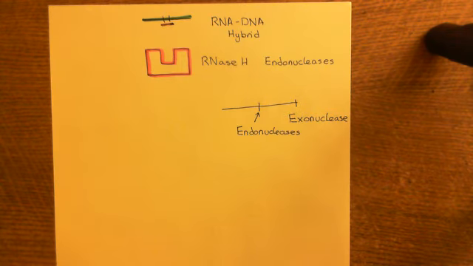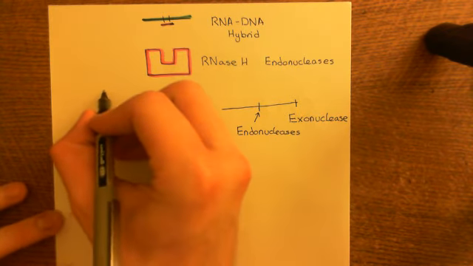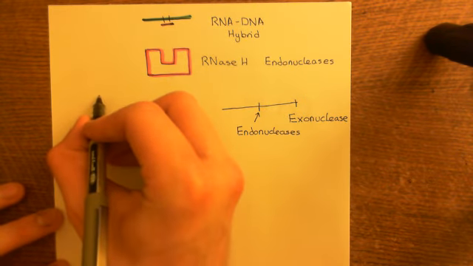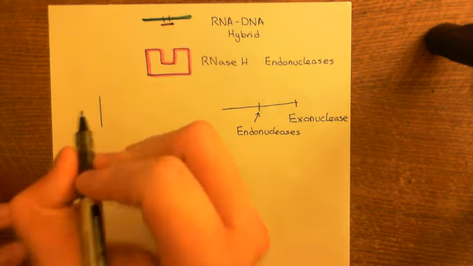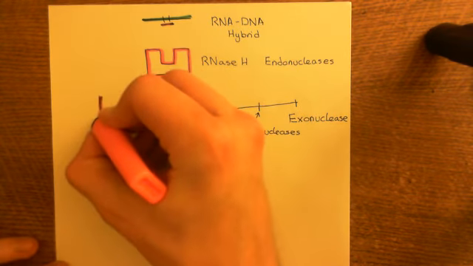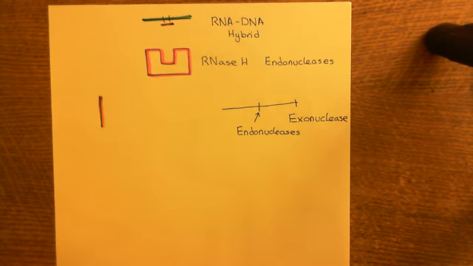Now, this enzyme is actually very important with regards to the pathology of the human immunodeficiency virus. Human immunodeficiency virus is what is known as a retrovirus. So it has a genome that is made up of RNA. Let's say this is a piece of RNA here, the genome of HIV.